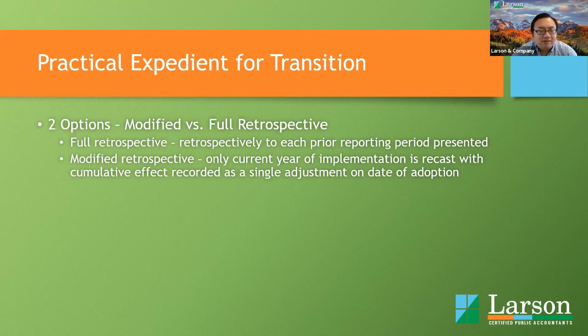For those leases, I'm going to recalculate what the right of use assets would be at this time, and then record that on my balance sheet, and the offset will be equity. So that's the modified retrospective approach. So far, I've seen most people use the modified retrospective approach because it does simplify things and creates less work for recasting.